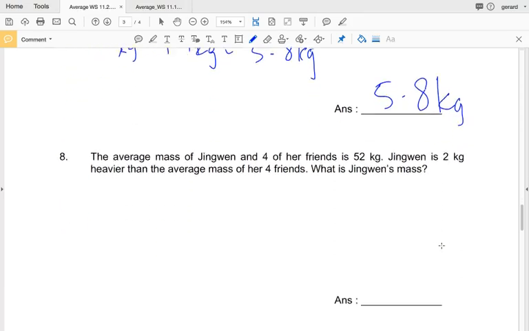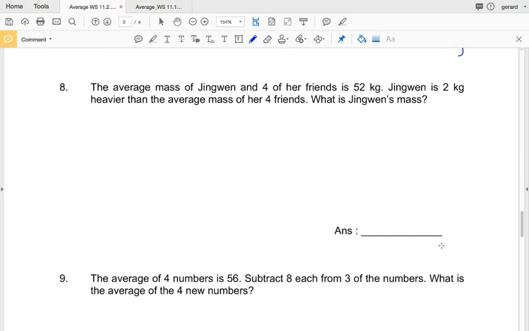Next, average mass of Jingwen and 4 of her friends is 52 kg. Jingwen is 2 kg heavier than the average mass of her 4 friends. What is Jingwen's mass? So Jingwen and 4 friends, total here is 5 sets.